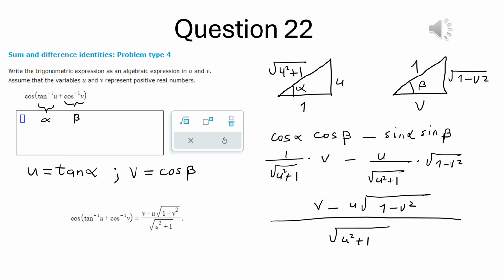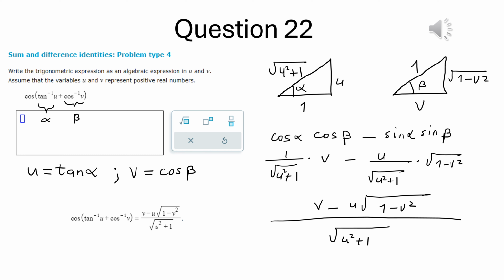The idea of this question is to convert a trigonometric expression to an algebraic expression using the sophisticated identities for trigonometric functions. Then I suppose first that tangent inverse u is equal to alpha and cosine inverse b is equal to beta.